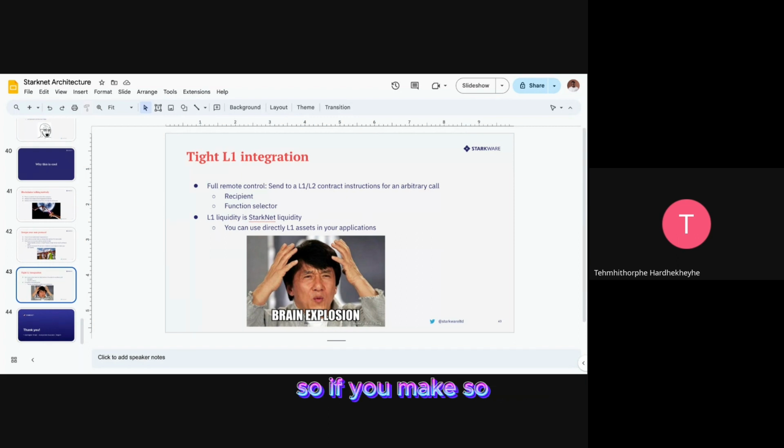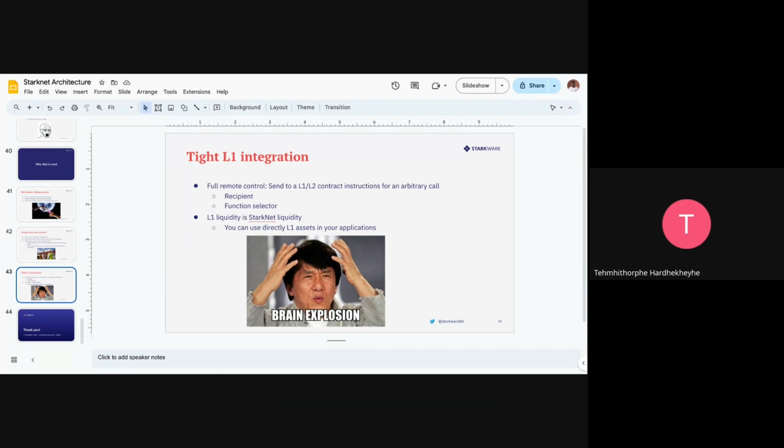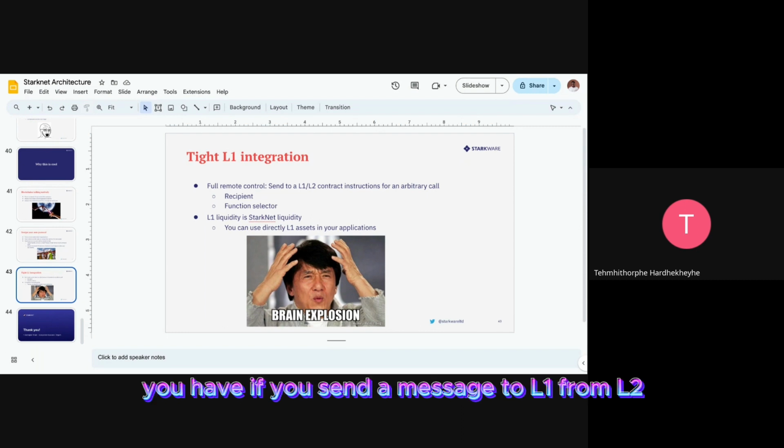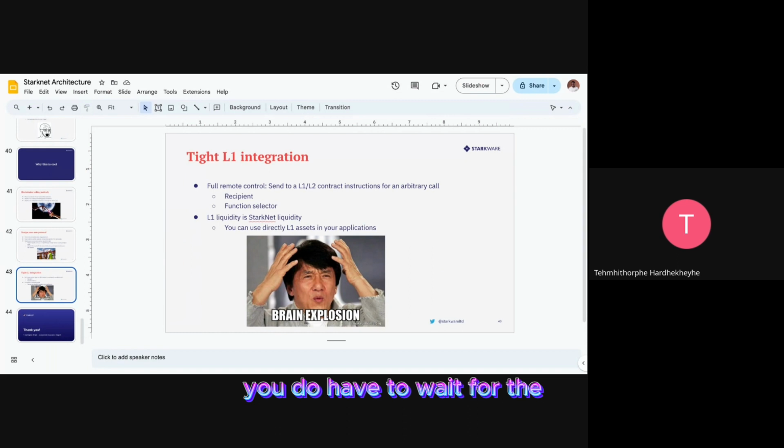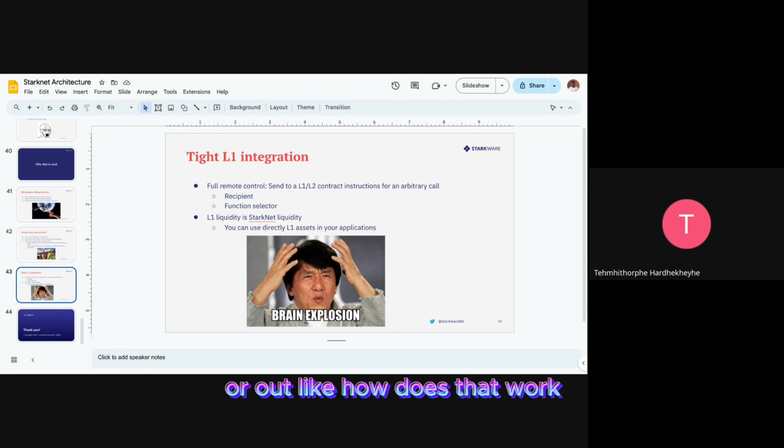So I'm guessing the L1 to L2 messaging still falls under the same restrictions. If you send a message to L1 from L2, do you have to wait that 2 hours to get a response back, or how does that work given the constraints around being accepted on L1?